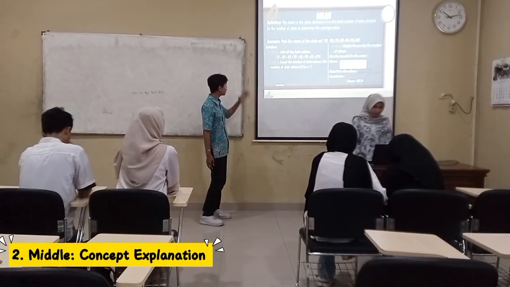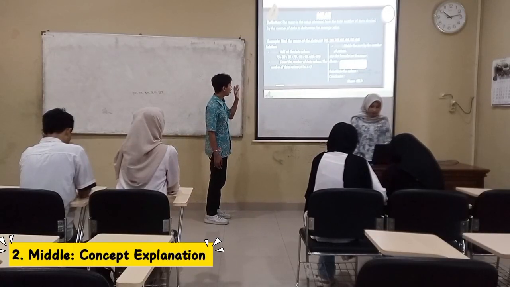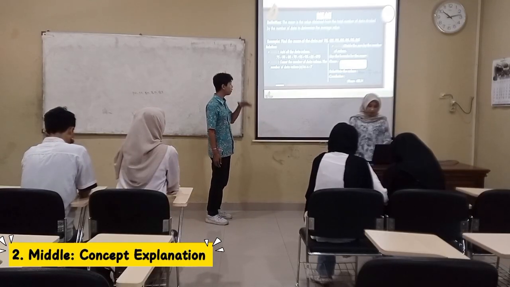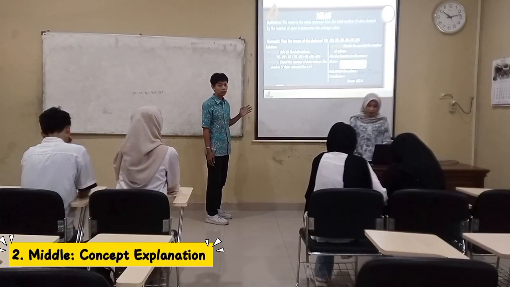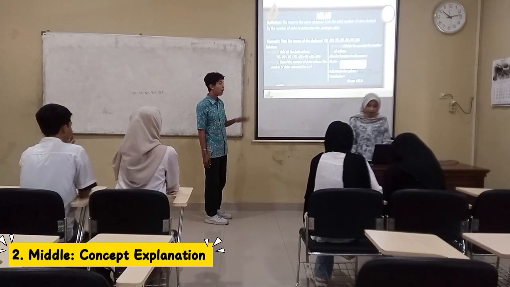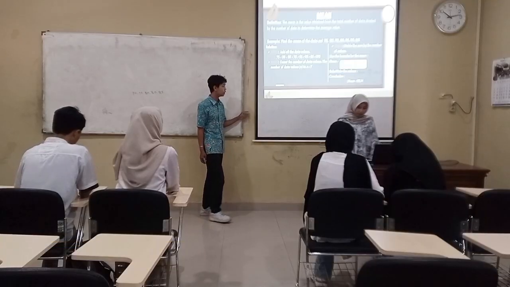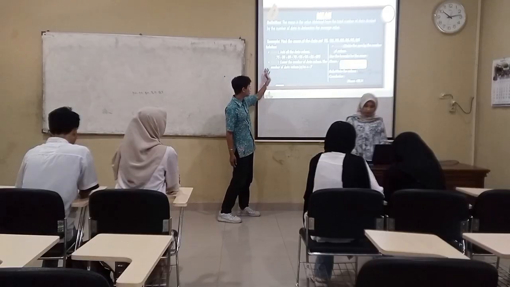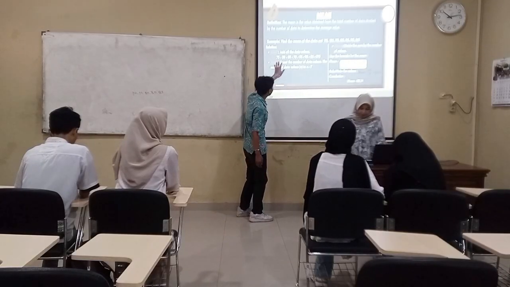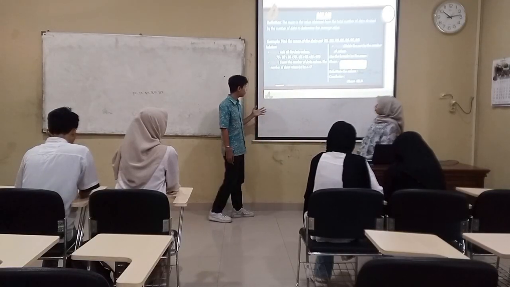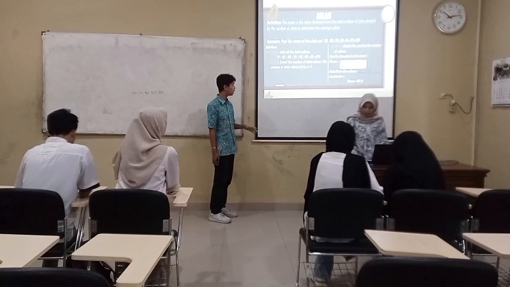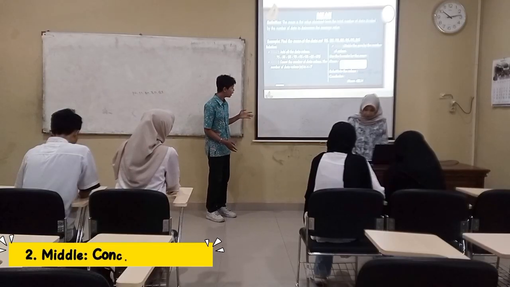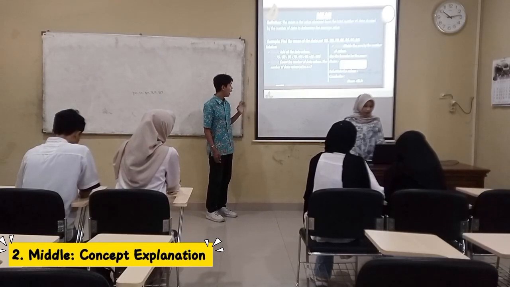Okay, example: find the mean of the data set 70, 75, 80, 70, 80, 90, and 95. The solution, step one, add all of the data values: 75 plus 80 plus 80 plus 70 plus 95 plus 90 plus 85.